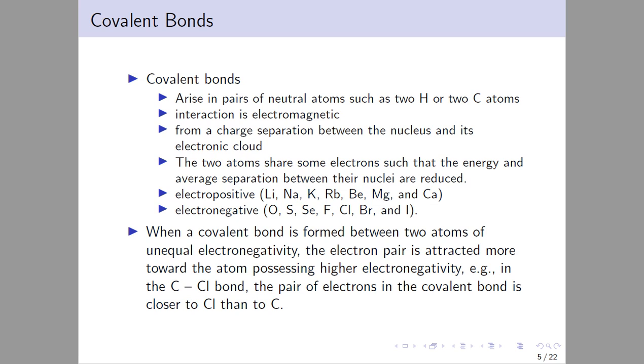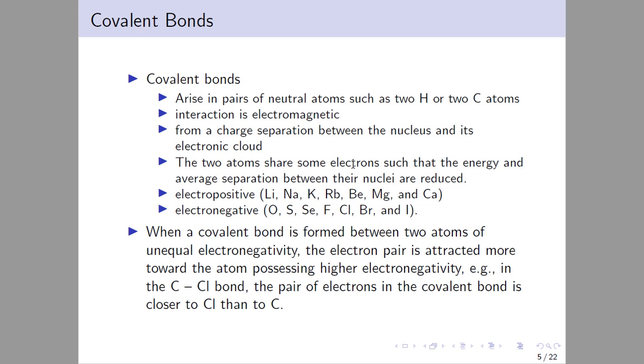So this one is sharing some electrons. Examples of electropositive atoms: lithium, natrium, calcium, rubidium, beryllium, magnesium and calcium. Electronegative: oxygen, selenium, sulfur, fluorine, chlorine, bromine, and iodine.